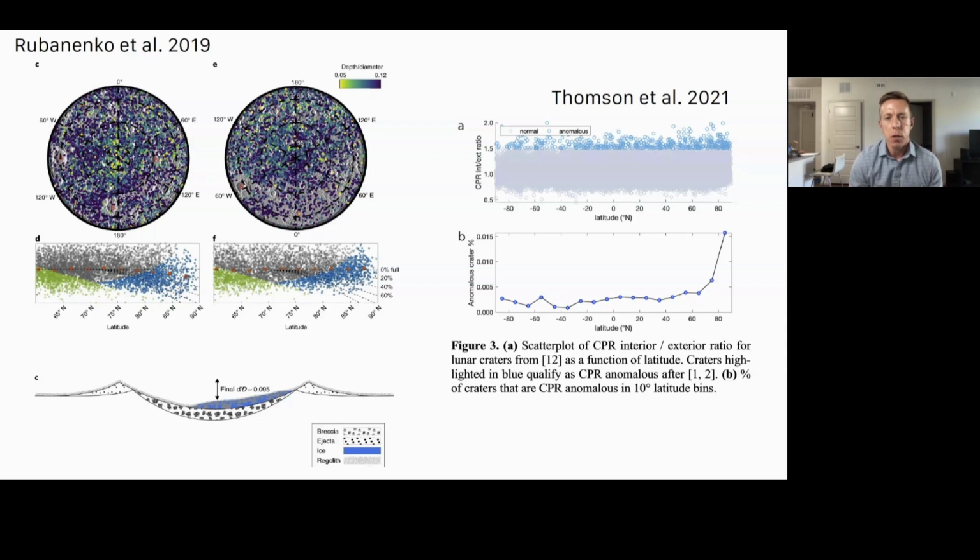So if both of these are showing evidence for subsurface ice, then I think there's a lot more work to be done to reconcile why one piece of evidence shows potential ice at the South Pole, and the radar shows evidence for ice at the North Pole. We need to figure out what's going on here.